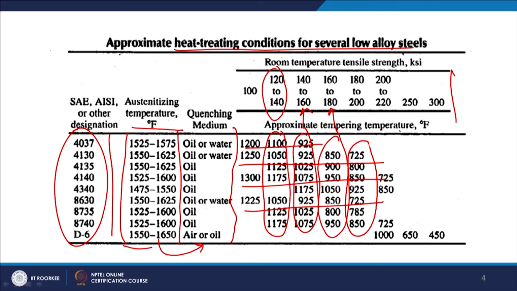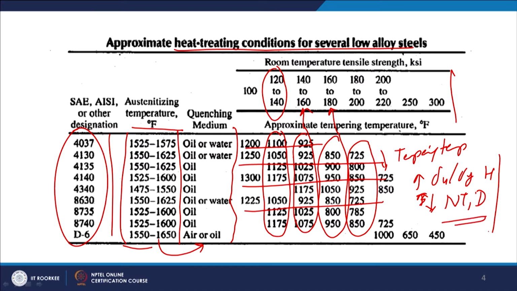Which means if we use a lower tempering temperature, it will increase the tensile strength sigma u and sigma y, it will increase the hardness as well, but this will happen at the cost of the notch toughness and the ductility of the steel. So, we need to strike a balance in the temperature we should use, so that the required combination of the tensile strength and the notch toughness can be realized.